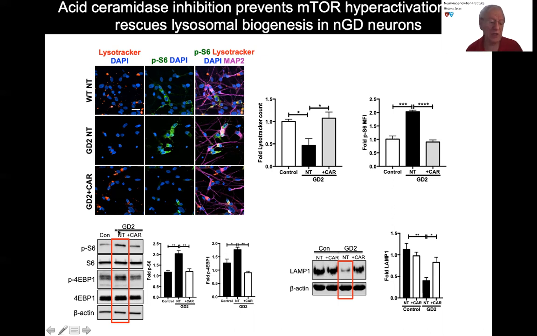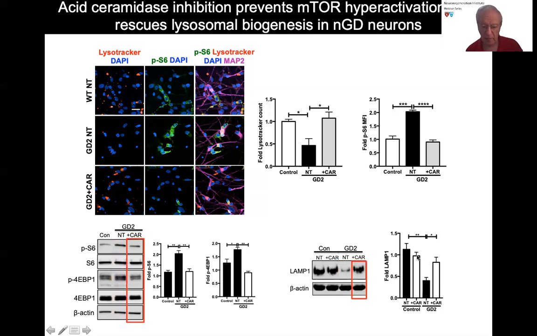And here in this Western blot, we can see that there is an elevation of phospho-S6 and phospho-4EBP1, but when we give carmofur, we bring it down. And then in this Western blot, we show that in GD2, there is less LAMP1 intensity of this band, but when we give carmofur, we can rescue it.